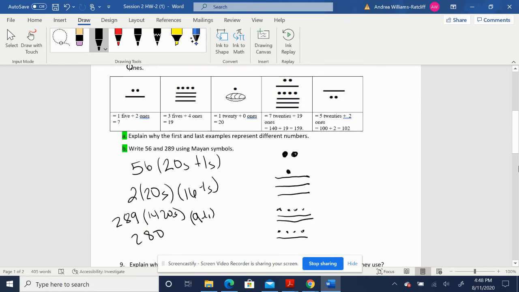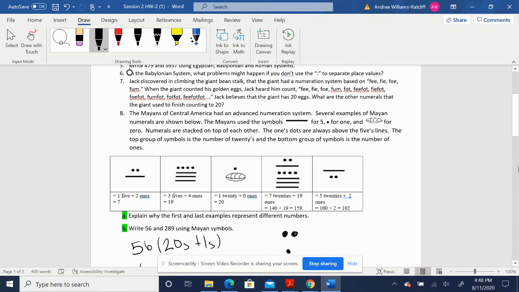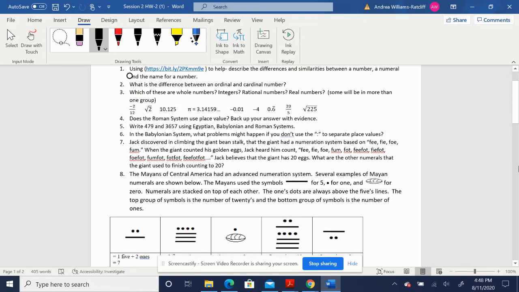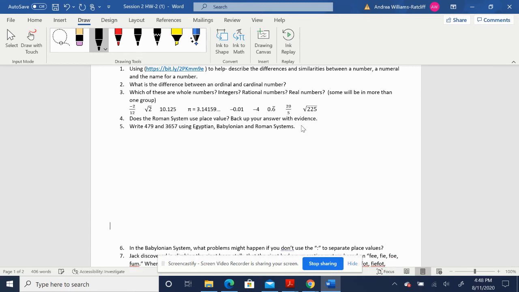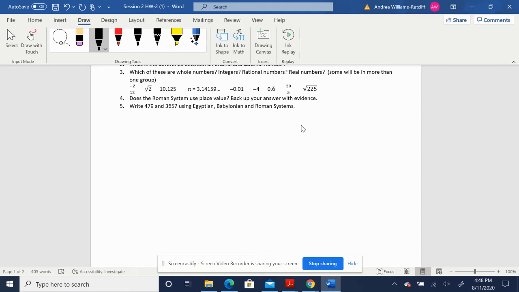Okay. Now, if I move back up here, I think I might have skipped writing some numbers. Okay, I did. I skipped number 5. So I'm going to come back to number 5 and give myself some space here to be able to create these values. So we have 479 and 3657, and we want to write each one of these in 3 different numbering systems.